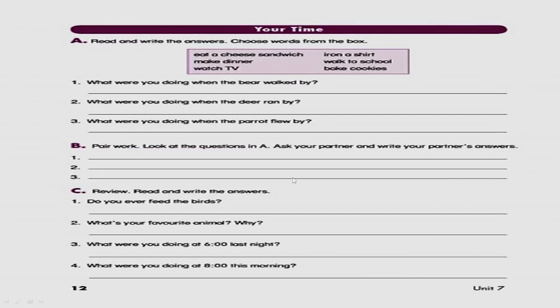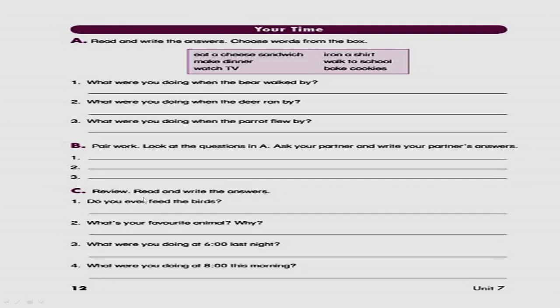Again, here is an example of the question that was mentioned before in lesson 3. What were you doing when the bear walked by? Of course, you will change were you into I am or we are according to the number of people you refer to. For example, I was watching TV when the bear walked by.